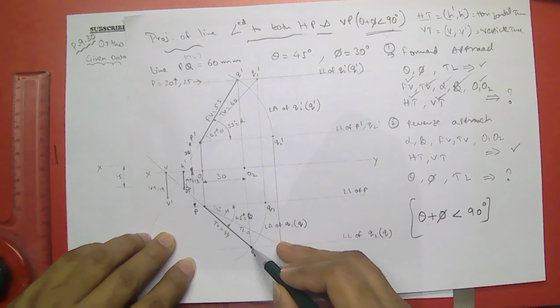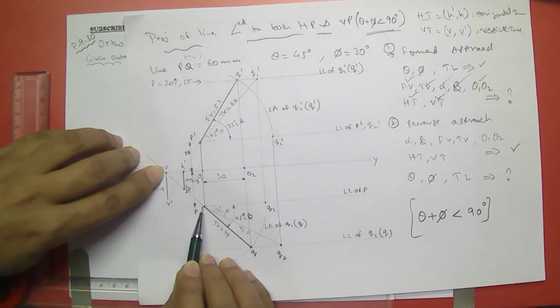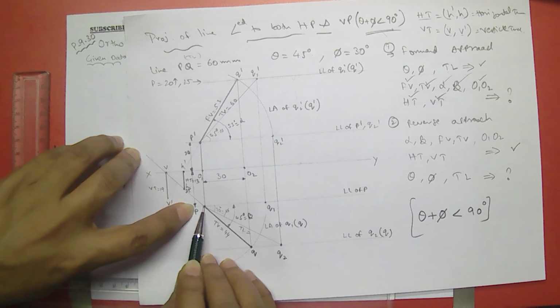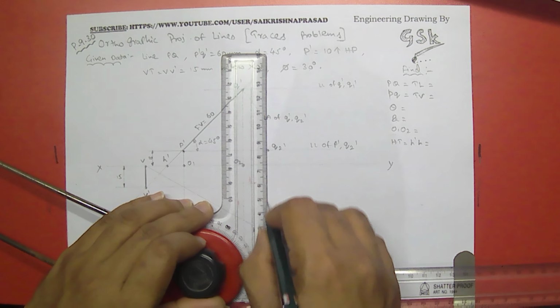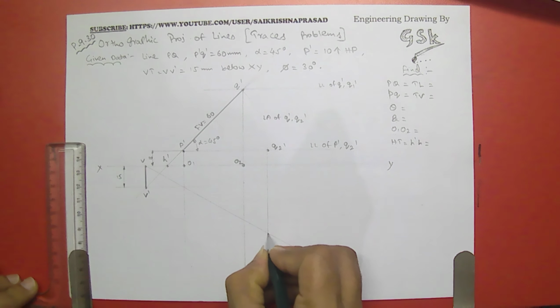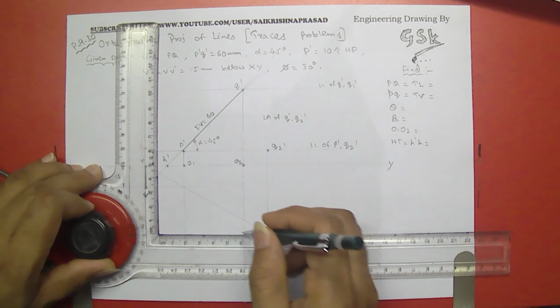When I extend the top view from here to the V, I can get the location of P over here, this position, right? So I'll be drawing the projector lines from Q2 dash, and that would be meeting over here, meaning this is Q2.